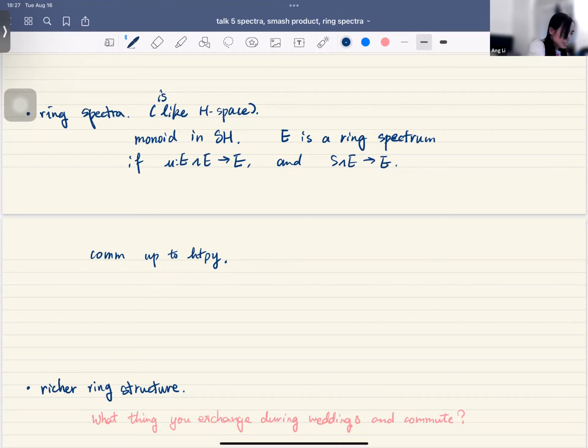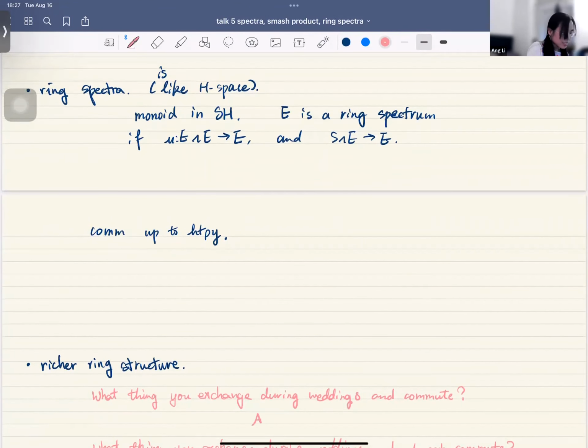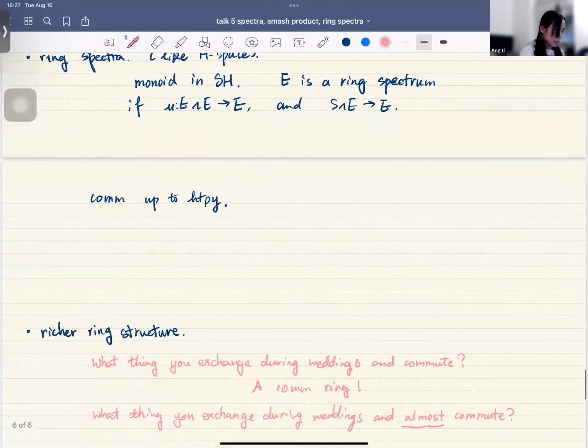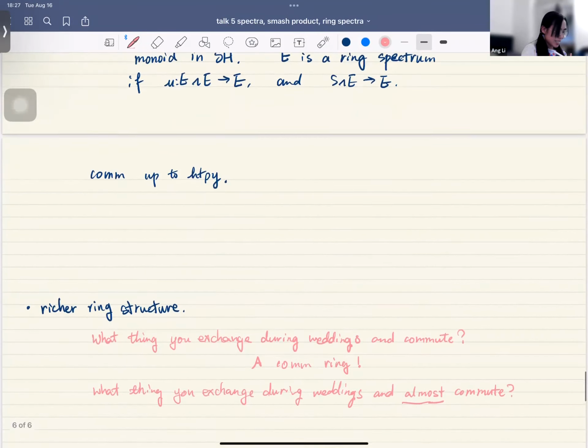Well, I'll answer that. That is a commutative ring, of course. And a more refined version. So what thing do you exchange during weddings and almost commute? Well, then that will be an E-infinity ring.